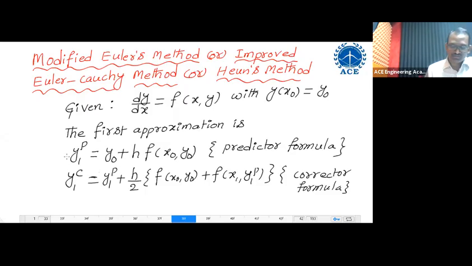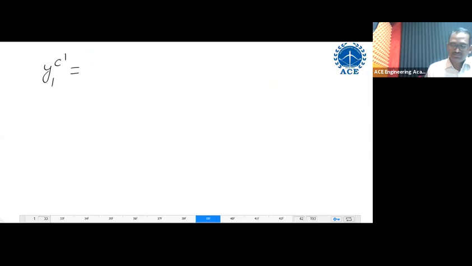A small modification. This is y0 only. This is y0 only. Next. This is y0 plus h by 2 into f of x0 comma y0.